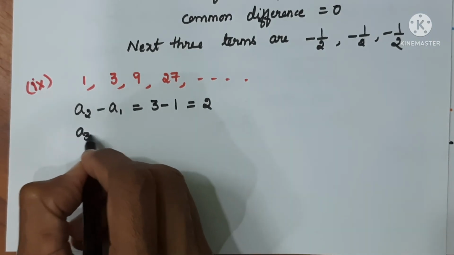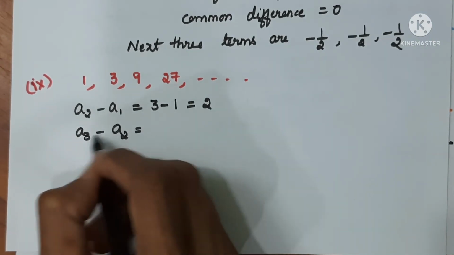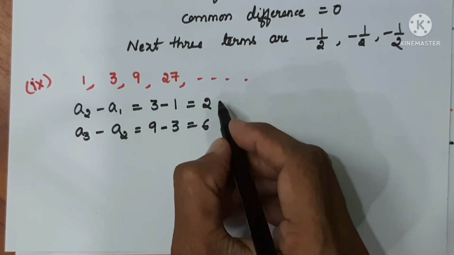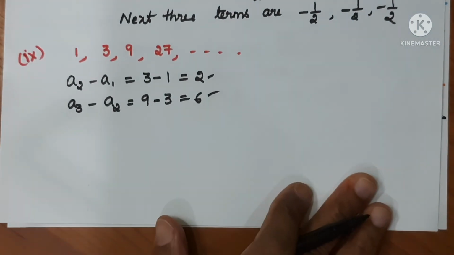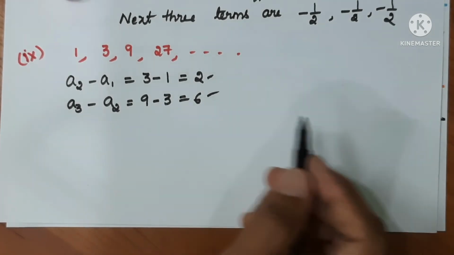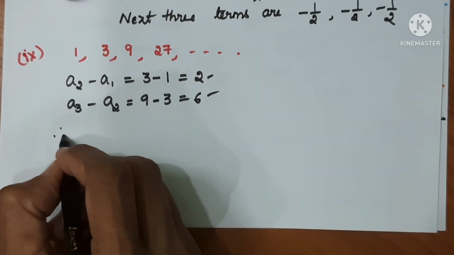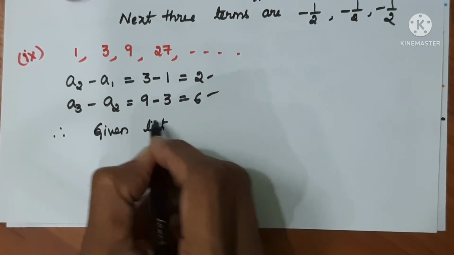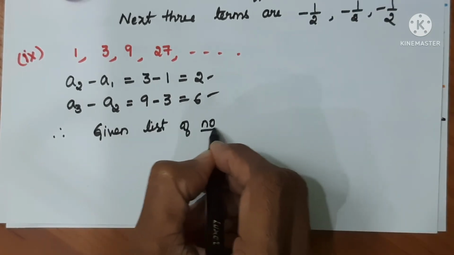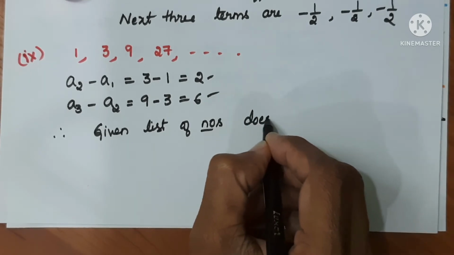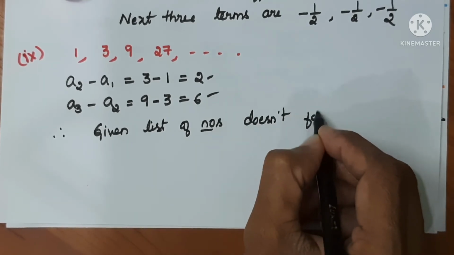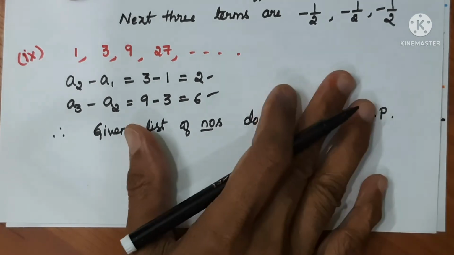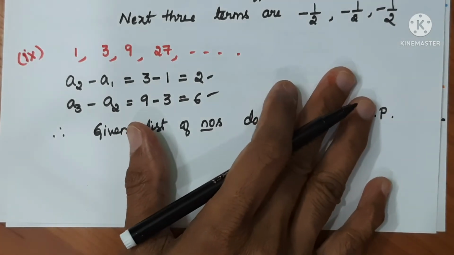Again A3 minus A2 equal to, third term is 9 minus second term is 3, which is equal to 6. Here the difference is not common, hence the given list of numbers does not form an AP.